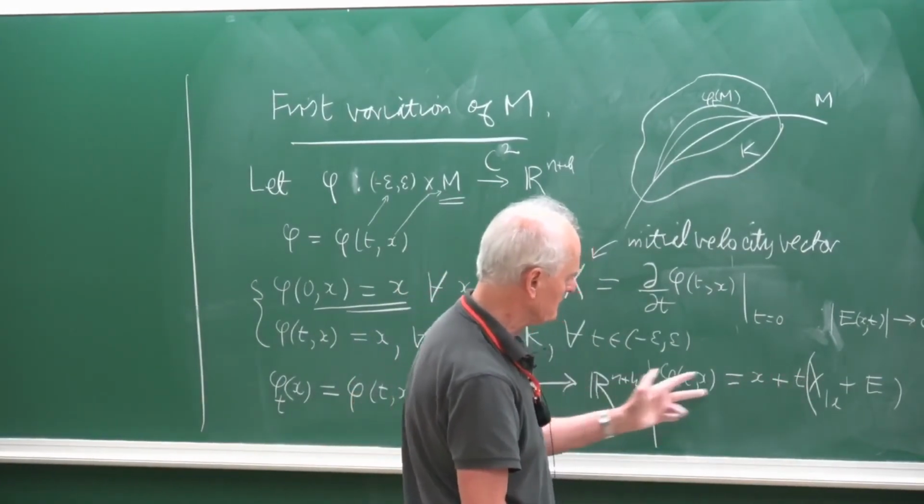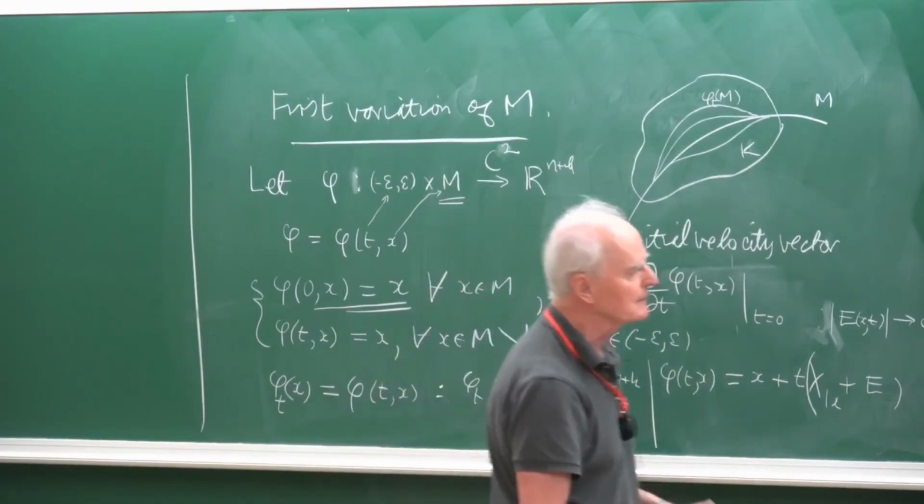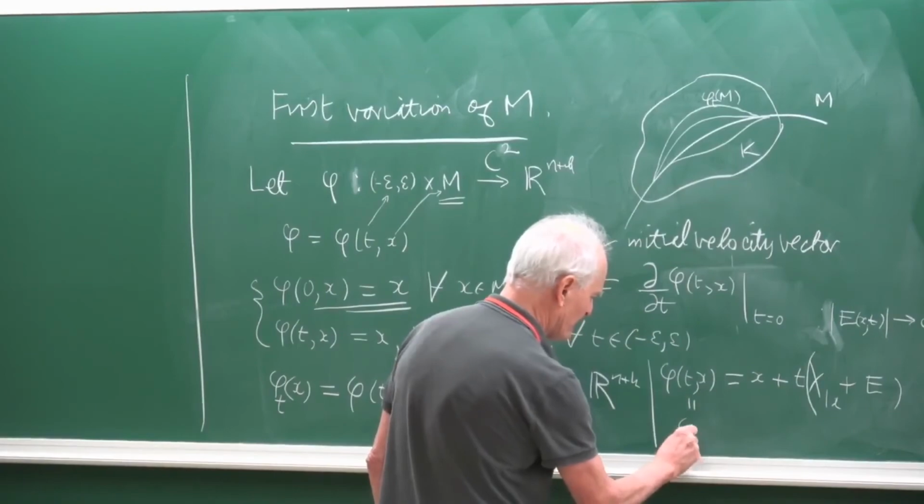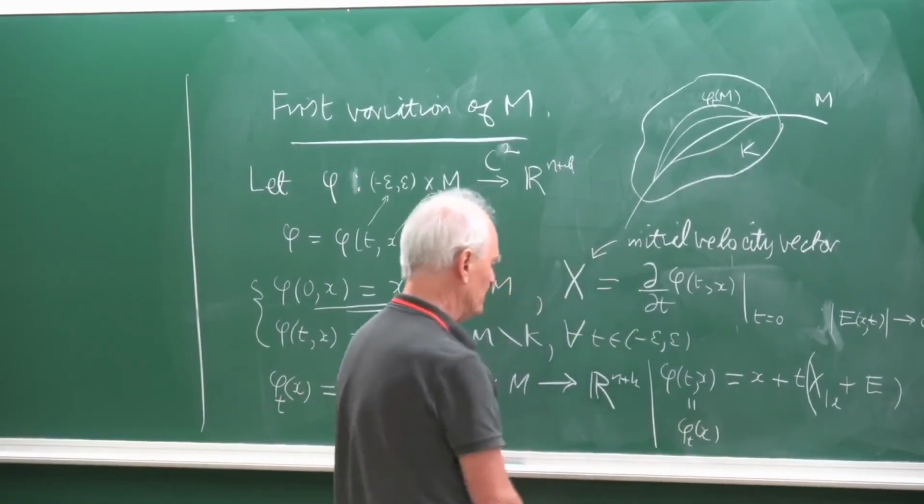So we can do that, and then we can compute the Jacobian. So let's use this expansion to compute the Jacobian of phi t. Remember, this is phi sub t of x.